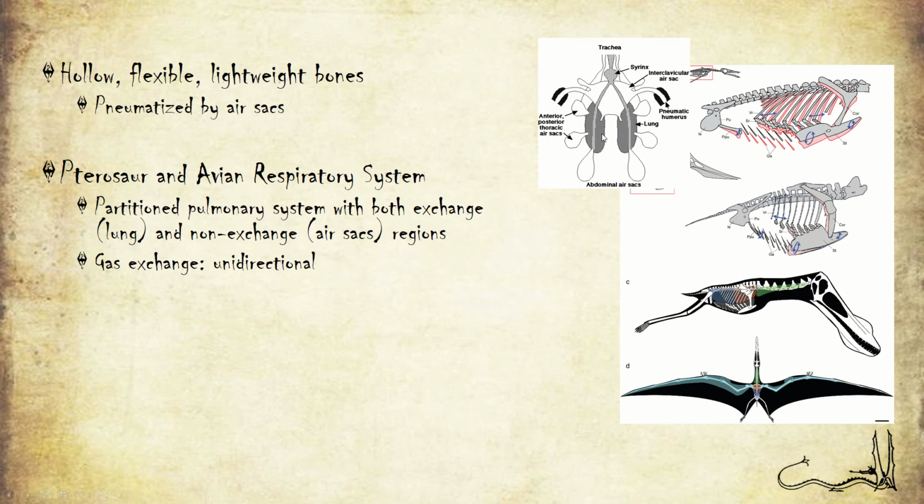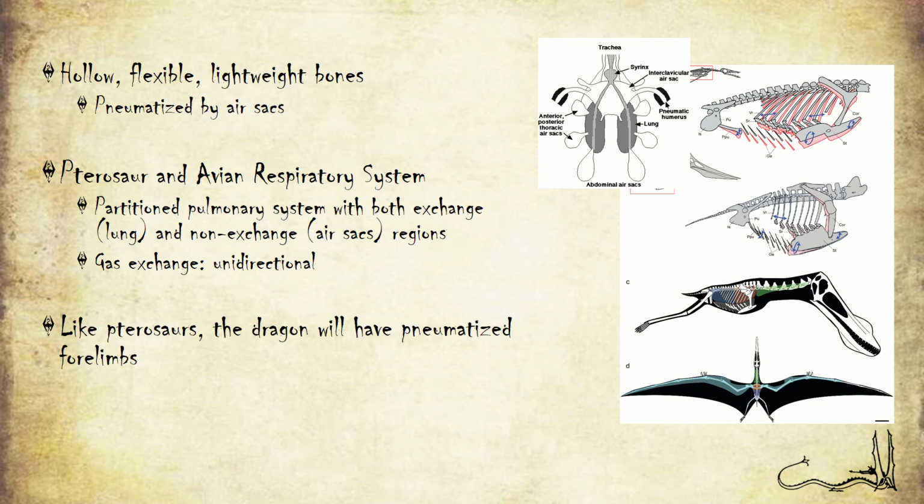When the bird breathes in again, the air will move from the lungs into the cranial air sacs. And then when the bird breathes out for the last time, the air will move out of the sacs and out of the trachea. So essentially, it is a circular, unidirectional gas exchange that provides a constant airflow, and it is necessary in birds for metabolism and flying.